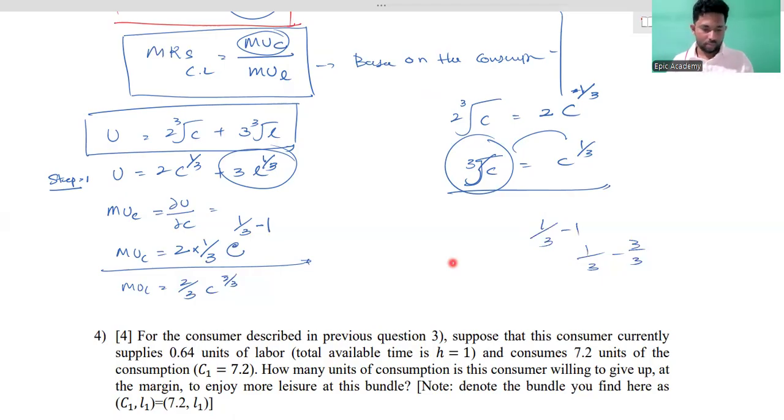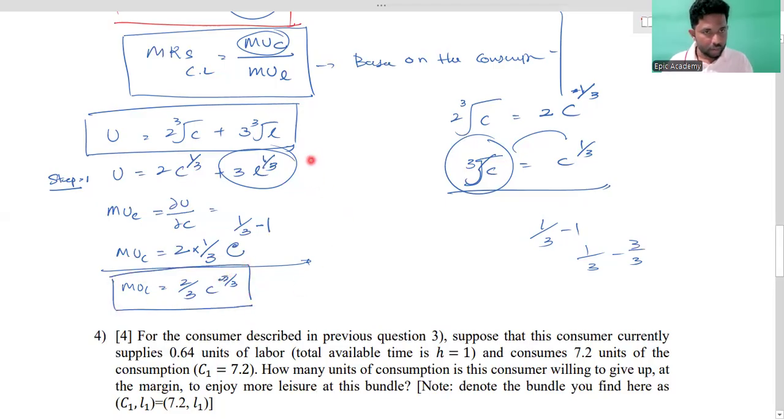Then what about the final answer for the MUC? Two divided by three, C to the power of minus two divided by three. Okay, finally it is here.